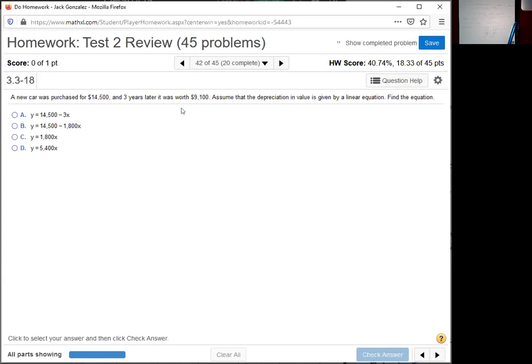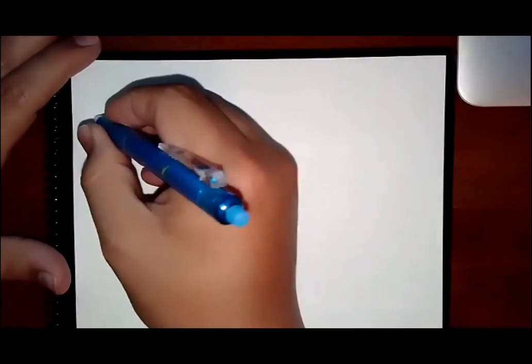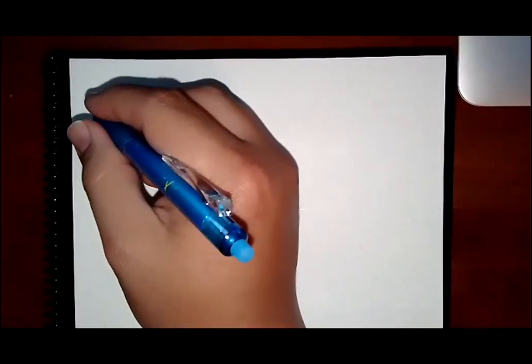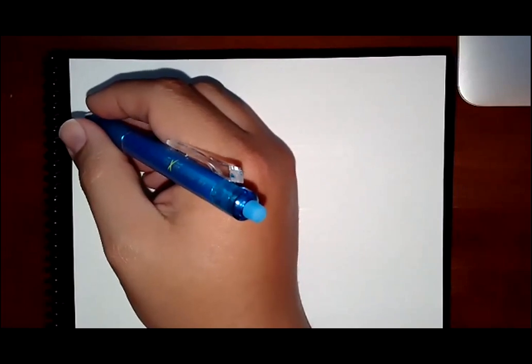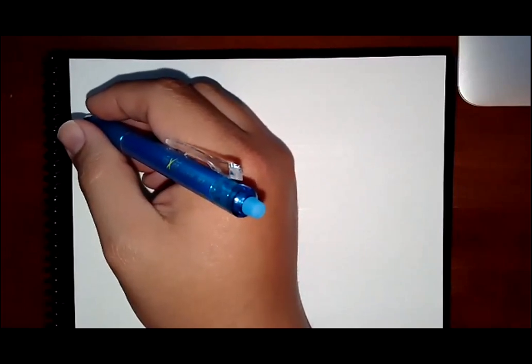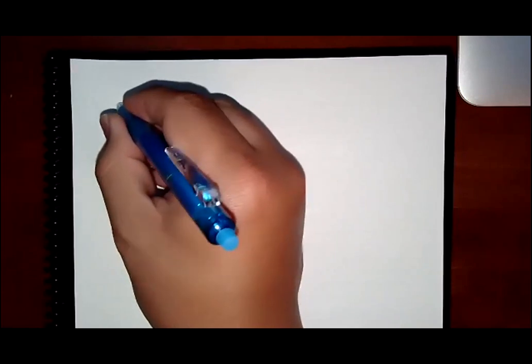All right, so go ahead and do it. So they purchased a car for 14,500. 3 years later, that sounds like a point to me.